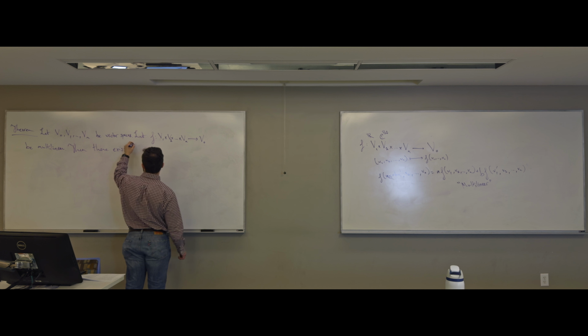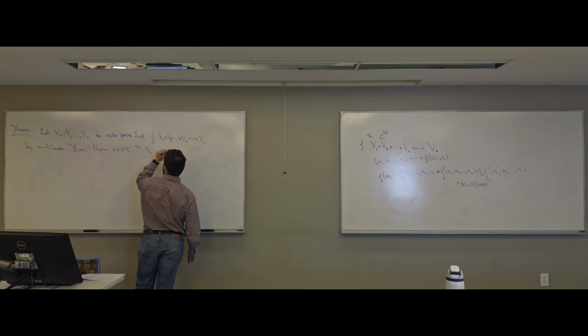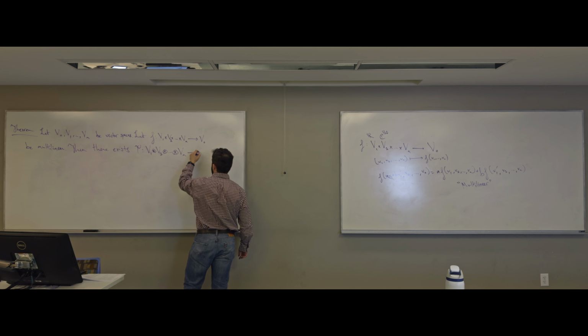Let's do a different notation: instead of having the Cartesian product here, take the tensor product through Vn, and it maps over to V naught as well, and it's linear.